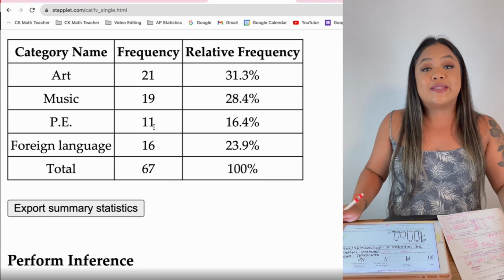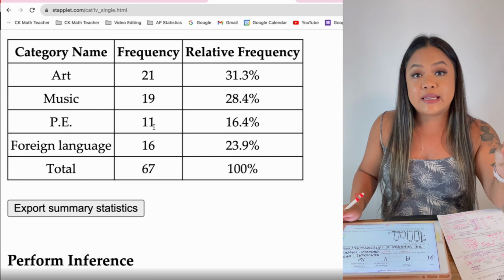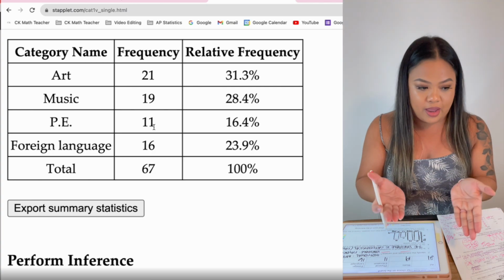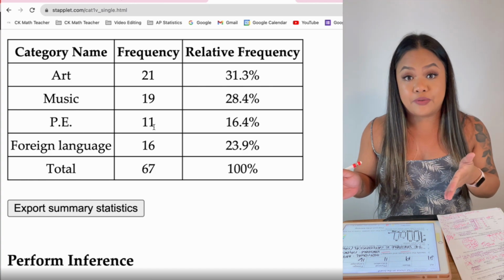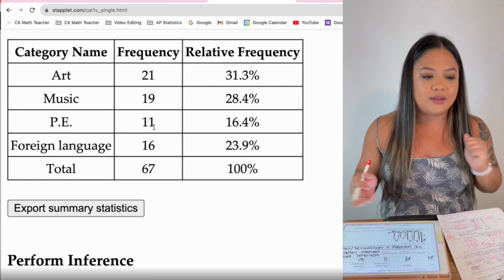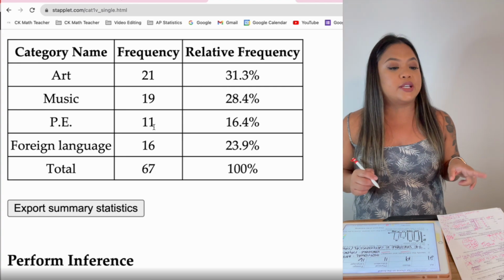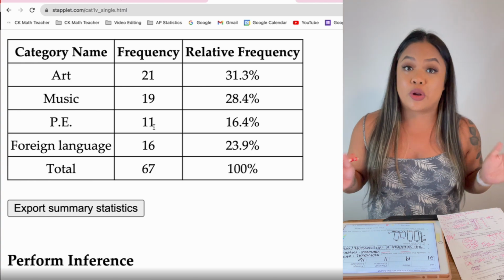So remember, frequency is the count. It's just the number. And for relative frequency, it's turning it into a percentage out of the whole thing. They divided all of those numbers out of 67 to get the relative frequency, and we did this in the last lesson. So the relative frequency for art was 31.3, music 28.4, PE 16.4, and then foreign language was 23.9.